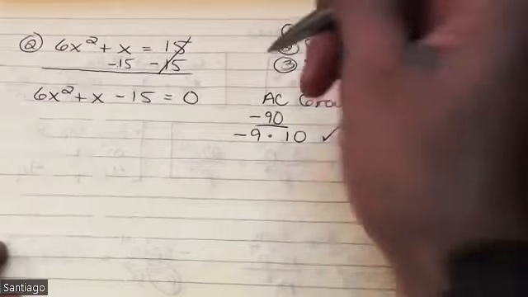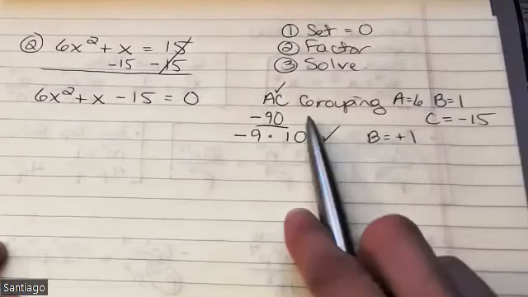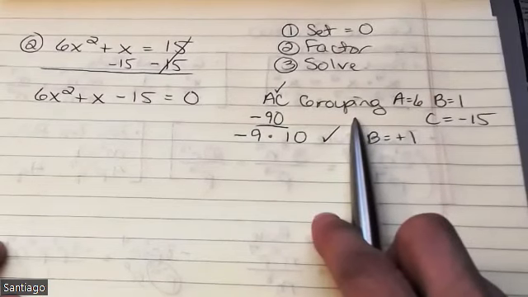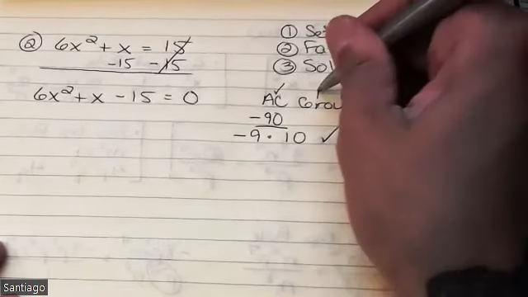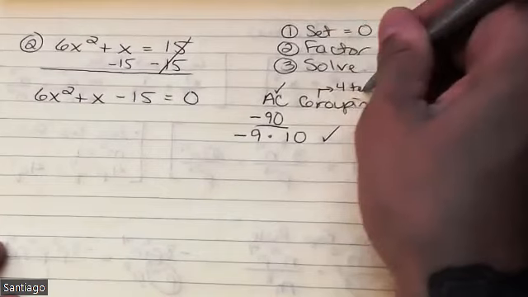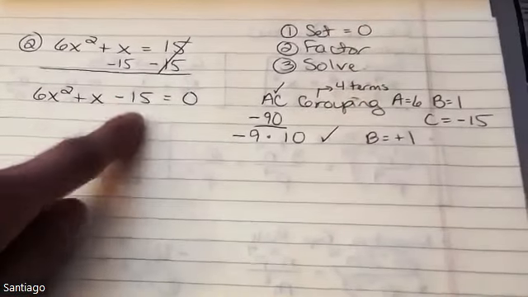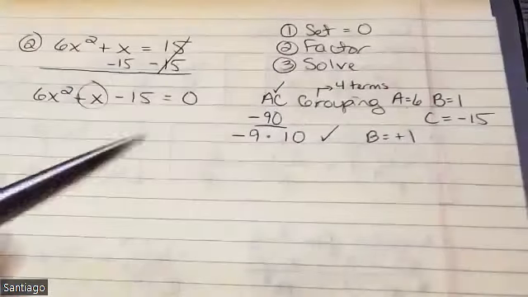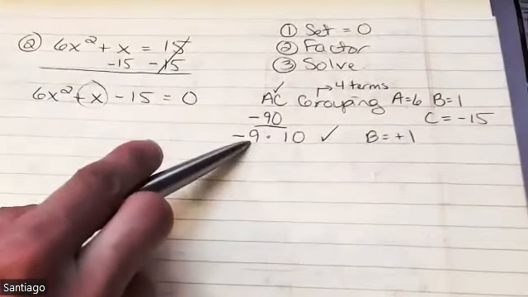So that takes care of the AC part, but we haven't done anything with the grouping part. So we have to fix this now. We learned that if you're going to factor by grouping, you need 4 terms, but I only have 3. So you're going to take your middle term and replace it with the 2 factors that you found.